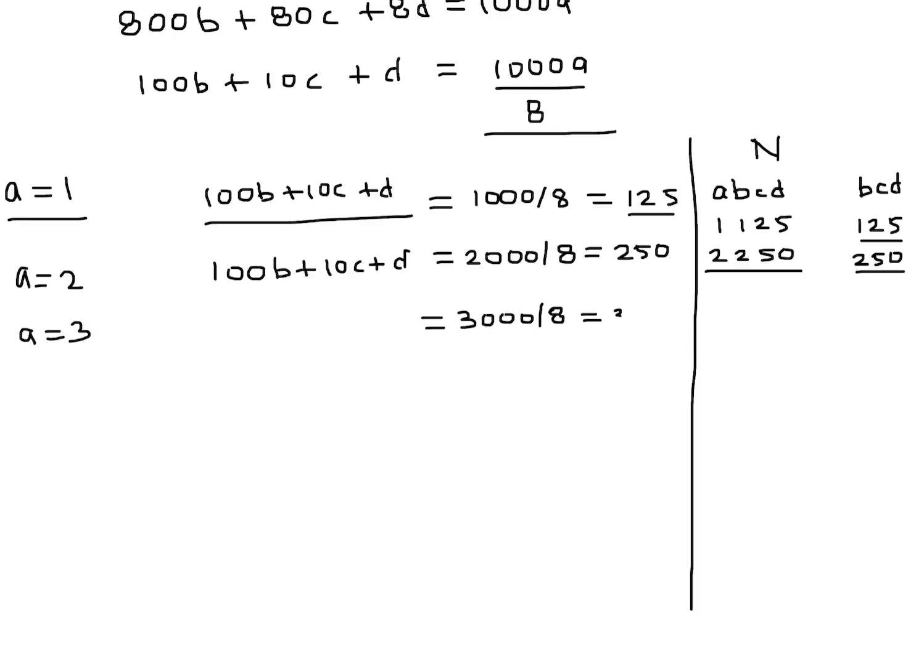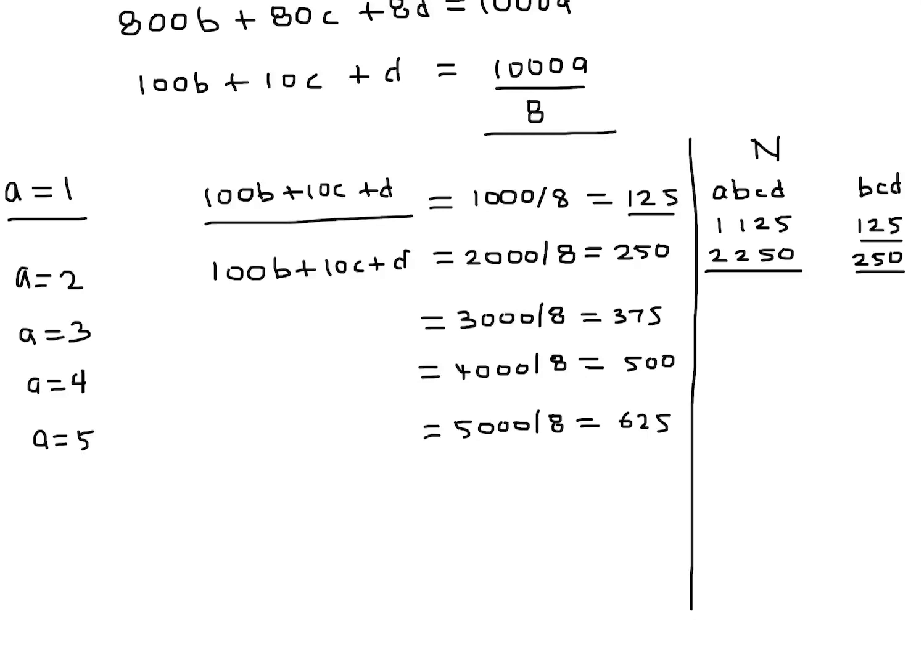which gives you 375. When A is 4, you get 4,000 over 8, which gives you 500. When A is 5, you get 5,000 over 8, which is equal to 625. When A is 6, you get 6,000 over 8, which is 750.